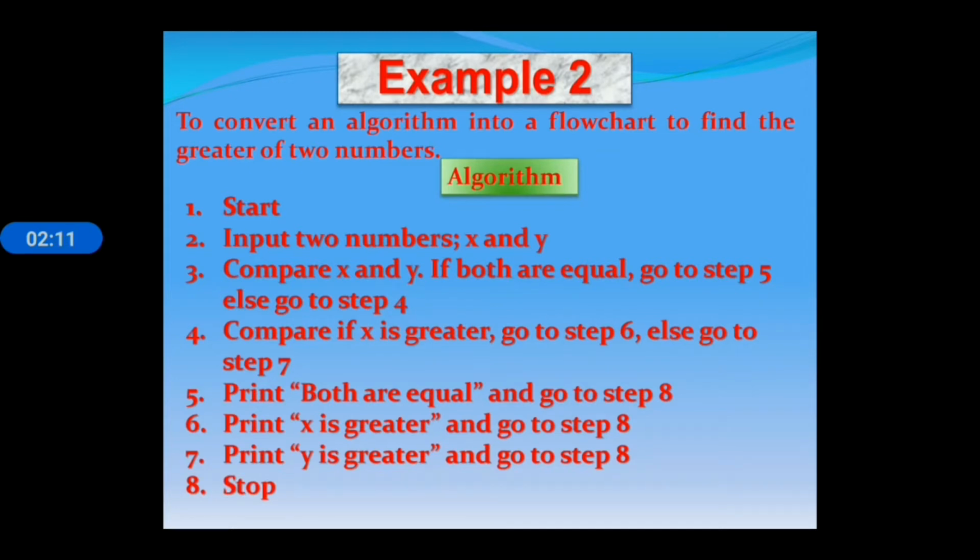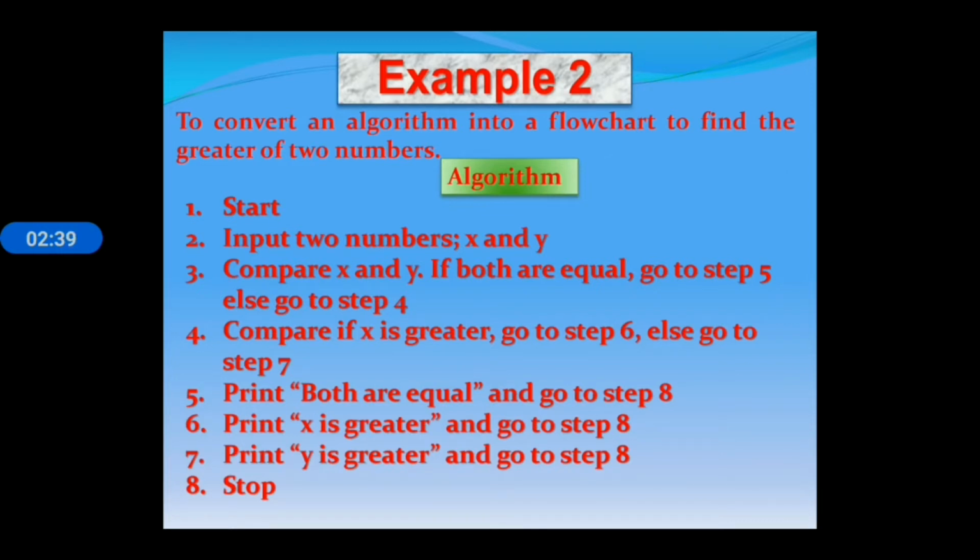If both are equal, then it will go to step 5. Here at step 5 it will print both are equal and go to step 8, that's stop. But if both are not equal, then it will go to step 4. Here it compares whether x is greater or not.